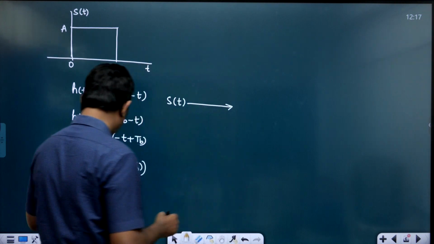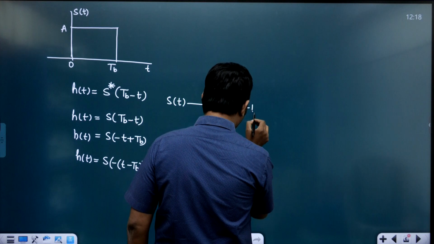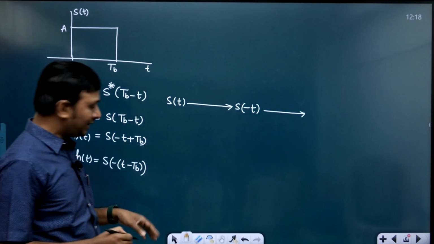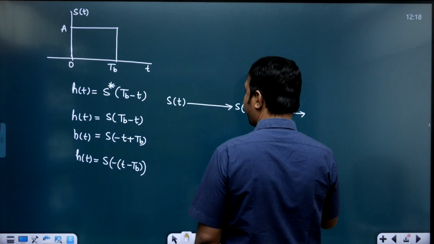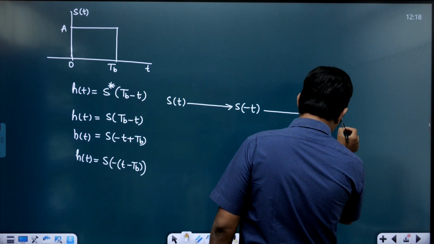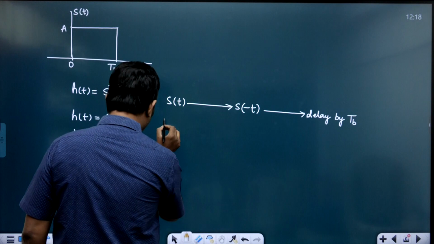From this s of t, here minus is there, so take the reversal, and here also minus is there, so to that reversal, delay by tb. So this is my s of t.